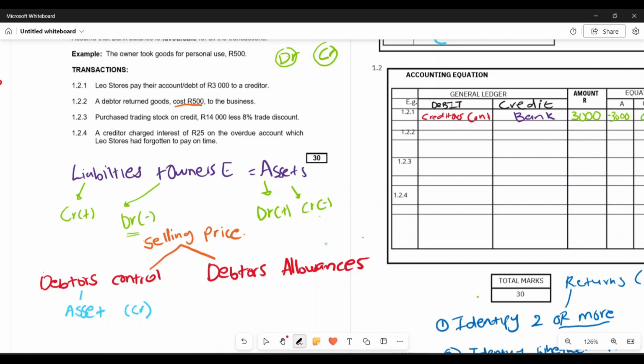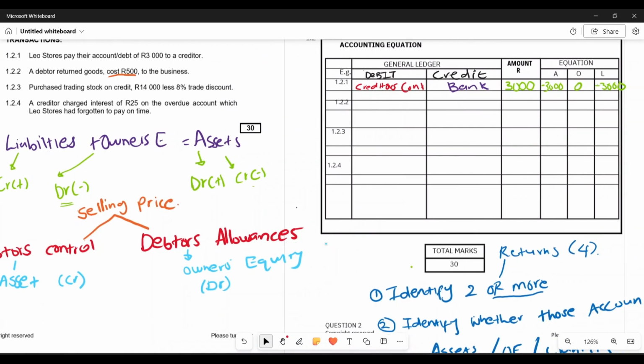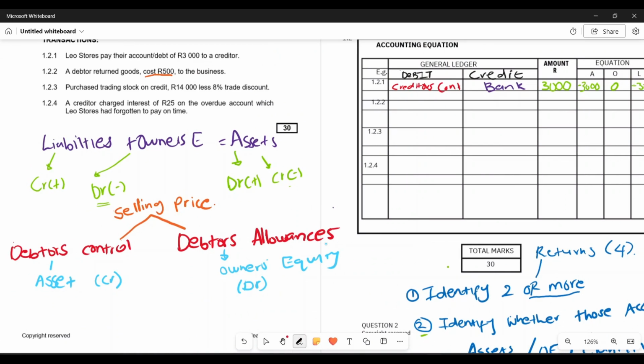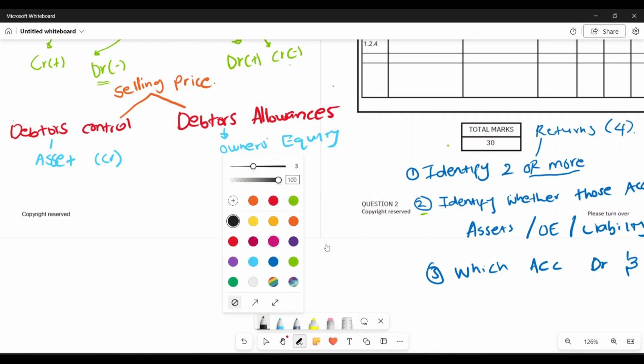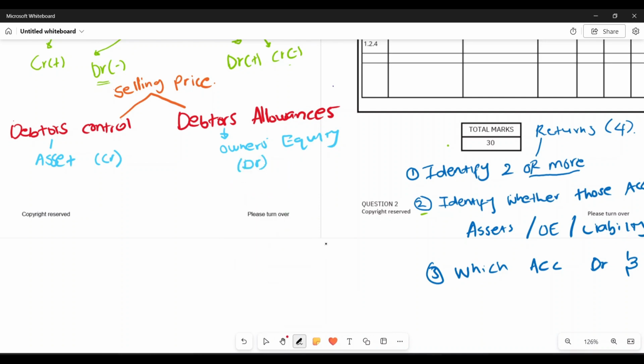Now, what is your debtors allowances? This is your owner's equity, meaning that this needs to be on our debit side, because the other one is on the credit side. Now, these two must be in terms of selling prices. What are the other two accounts that we need to classify? The last two accounts, when you have returns by debtors, are your trading stock as well as your cost of sales account.